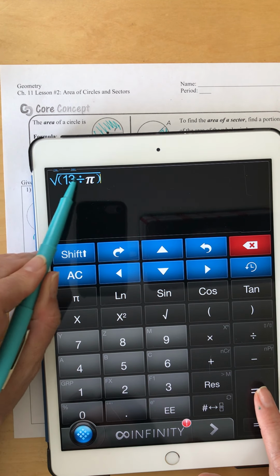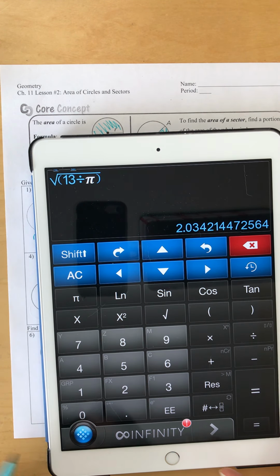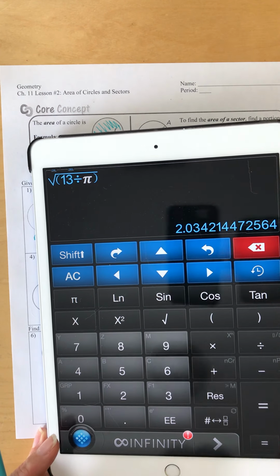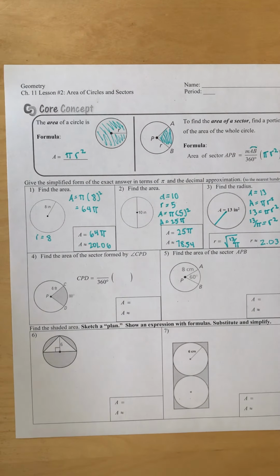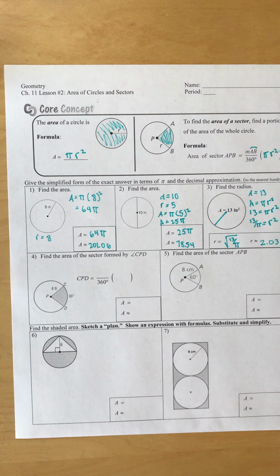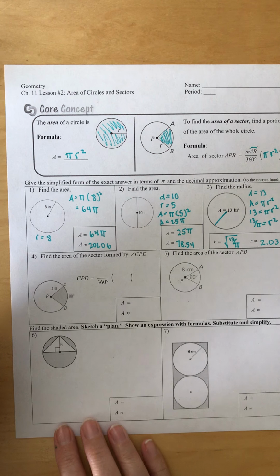It looks like this one will draw the root over the top, so maybe I could have gotten away without the parentheses, but there's a couple options. Hopefully you can get your calculator to give you 2.03 so you know how to use it correctly.